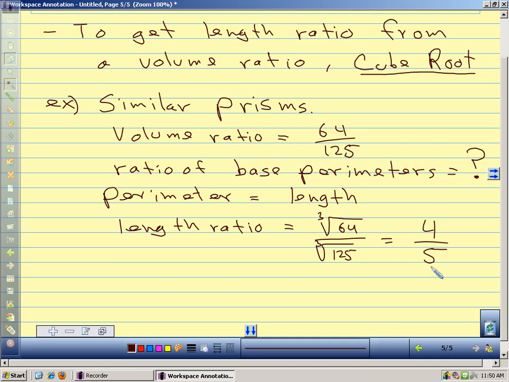That's exactly right. To get area, we square the length ratio. So if your problem gives you volume and asks you for an area ratio, you need to find your length ratio first and then square that. That's kind of a two-step problem. Questions?